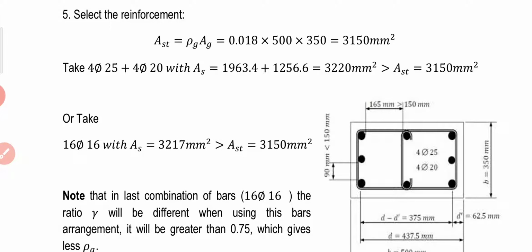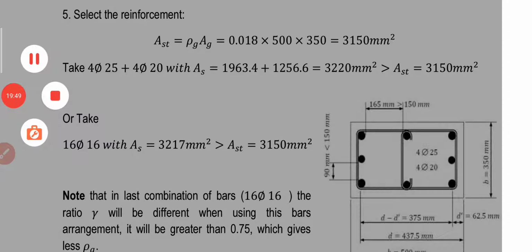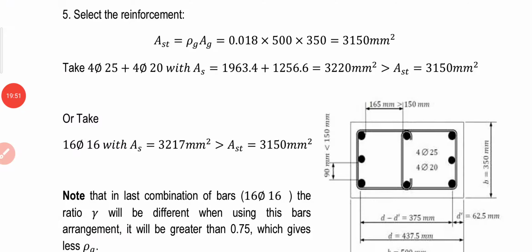Next, select the reinforcement. Ast equal to Pg into Ag. So Pg value is 0.018 and Ag, which is gross area, equal to B into H. So here B equal to 350 and H equal to 500.